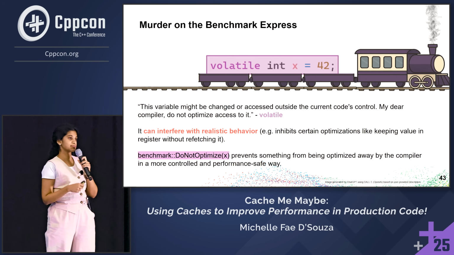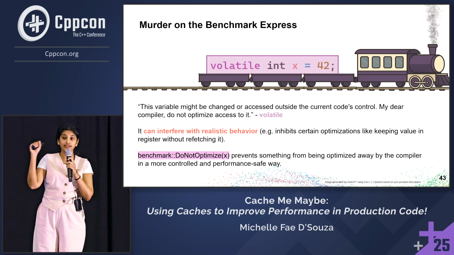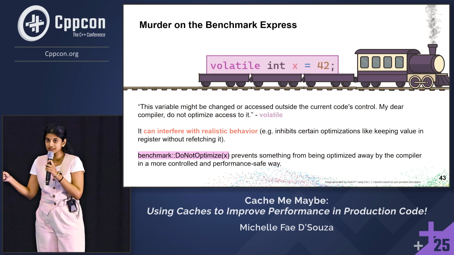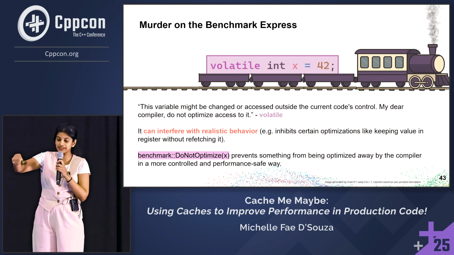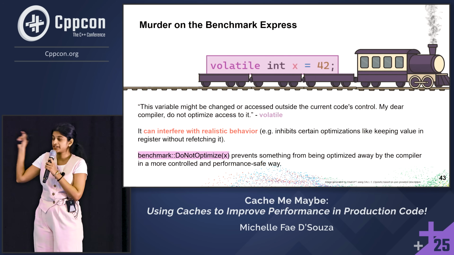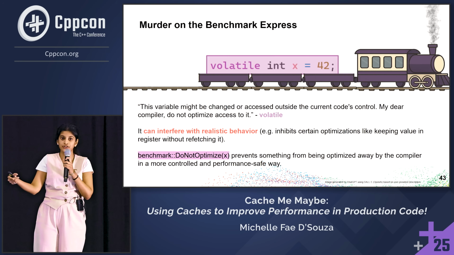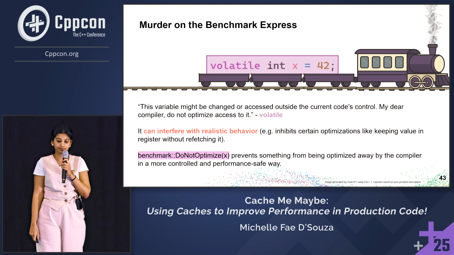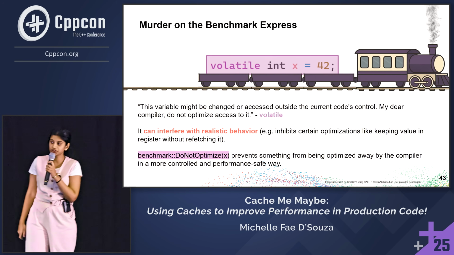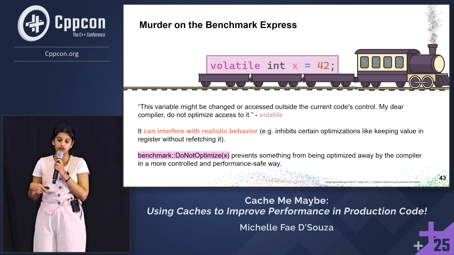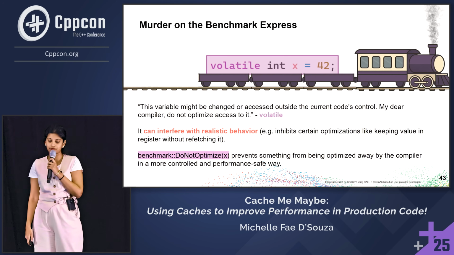In this case, because I used volatile, even though X was in the register, the compiler is forced to ensure that the value of X is not read from the register, but from the cache or memory. So it interferes with realistic behavior. What you should do instead is use benchmark DoNotOptimize, part of Google Benchmark, and this is more performance safe.